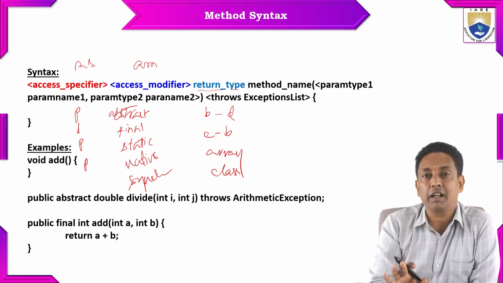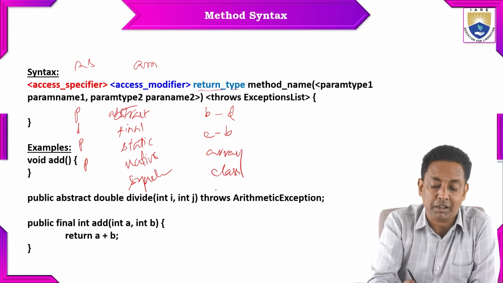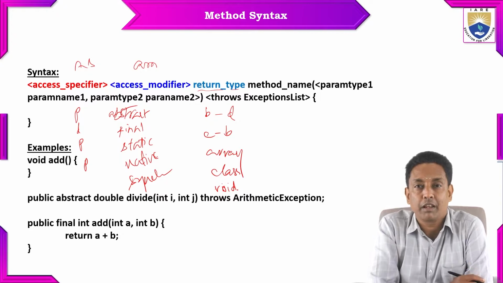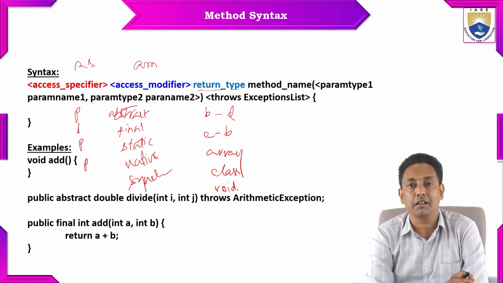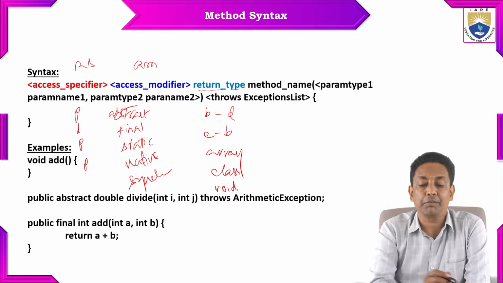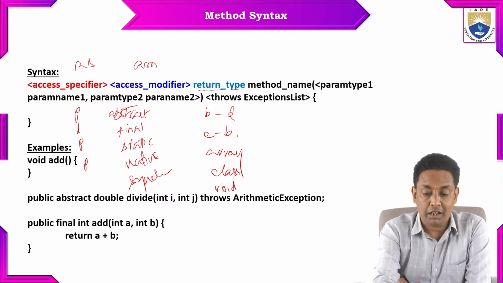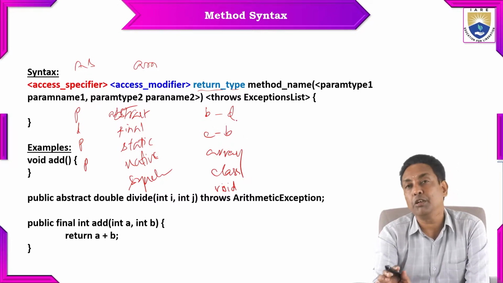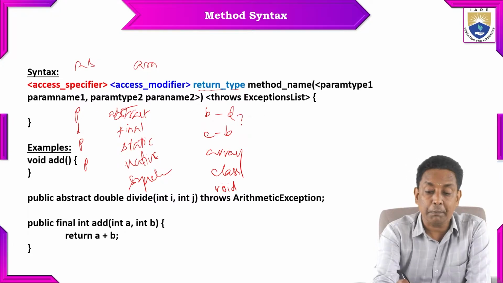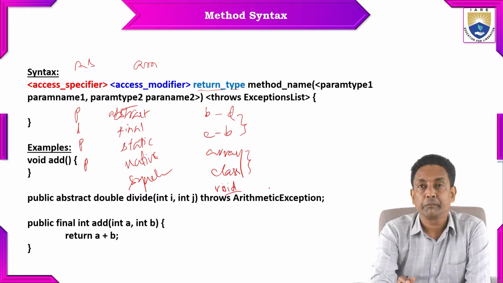If you don't want to return anything from the method, if there is no return type, at least the return type should be mentioned as void. Otherwise, the return type can be of any class type, any array, character or boolean, boolean to double. Any primitive, any secondary, and void data types can be used as a return type.